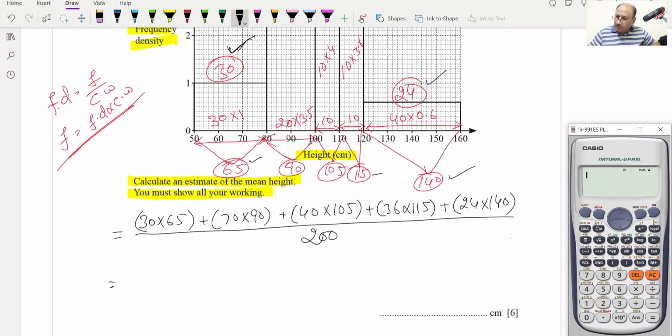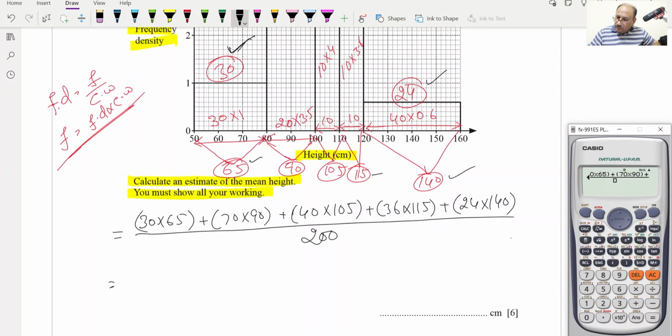We can use a calculator for this one. It will be fraction, then bracket 30 multiplied by 65, bracket close, plus. Here we basically have to do the calculation carefully. A small mistake can result in a problem.